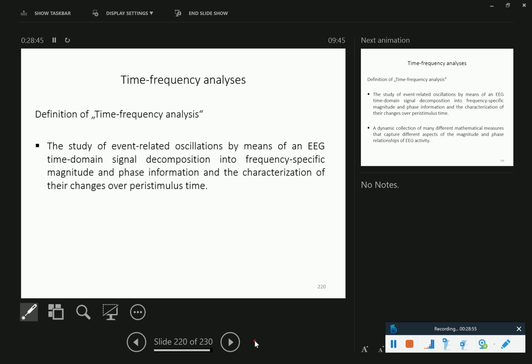So one thing is frequency-specific magnitude and phase, and the other thing is their change over peristimulus time. You don't only want to show the frequency power, but how it changes over time.